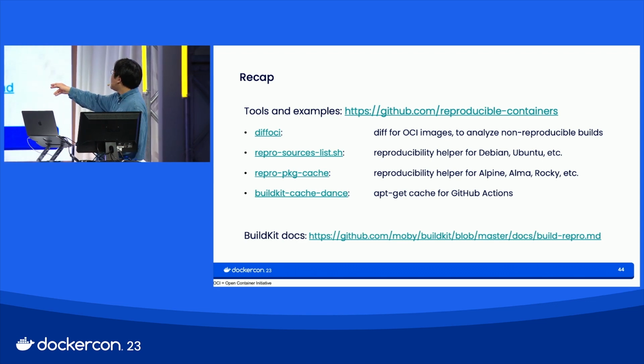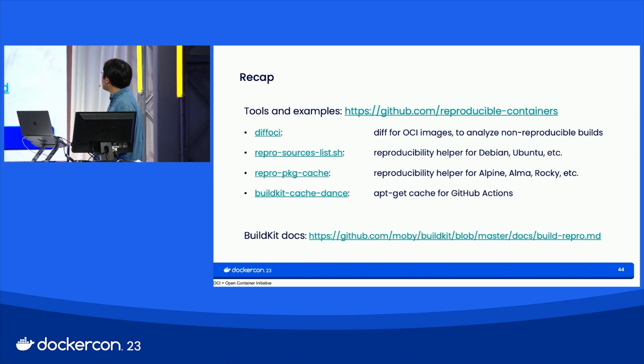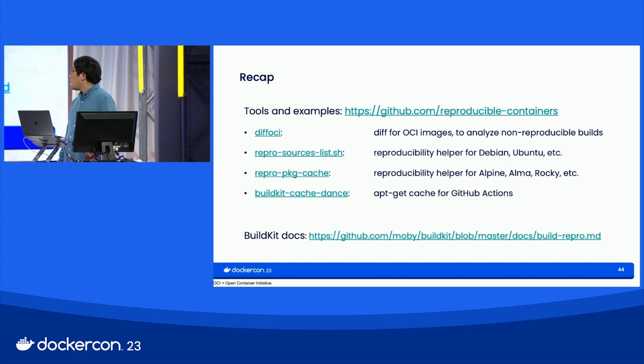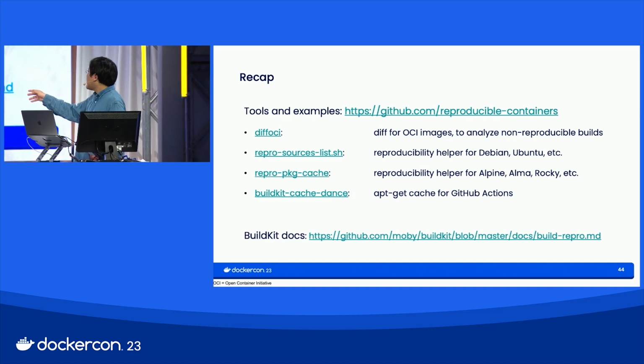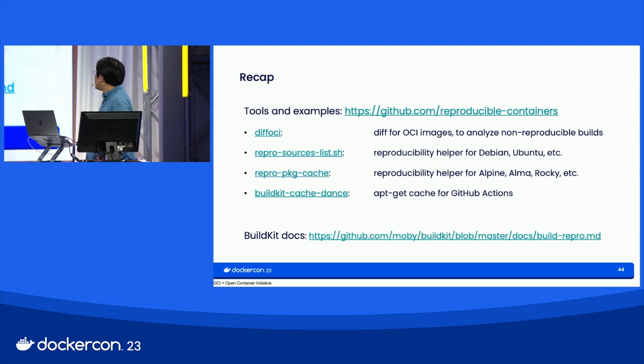And repro-pkg-cache helps reproducing Alpine-based images and Alma Linux and Rocky Linux and other distributions. And BuildKit cache dance is a tool to preserve up-to-date cache on GitHub Actions.